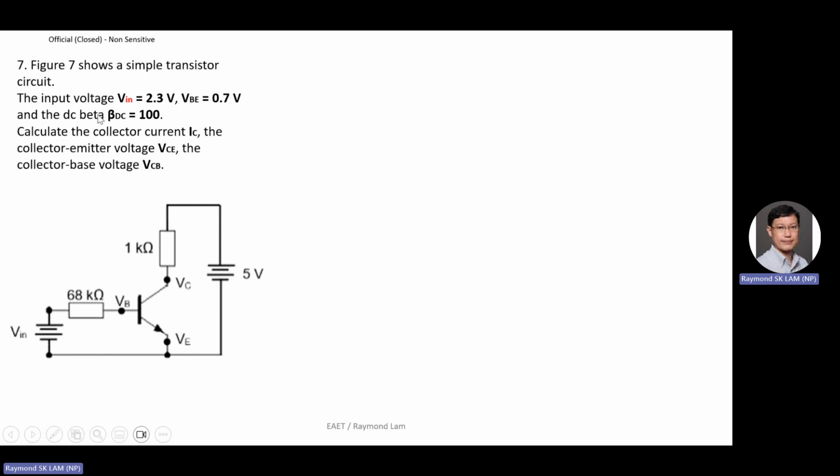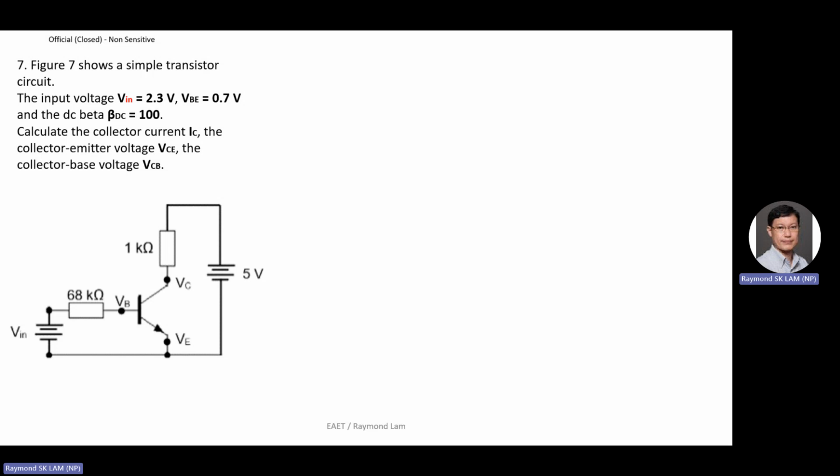Okay, so can you all spend half a minute to read the question? Then I will discuss the question. If you look at this, you have the V in here, right? The transistor actually has 3 terminals. You all must know the names of the 3 terminals in order to do the calculation.